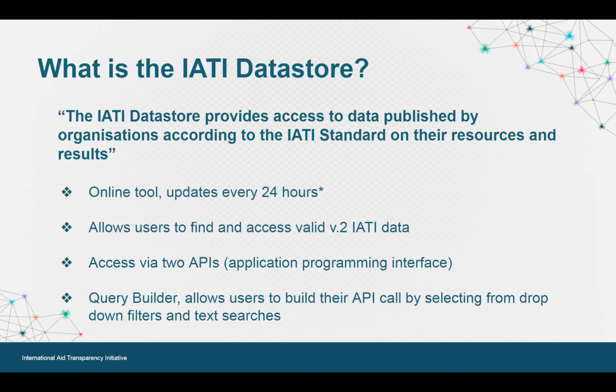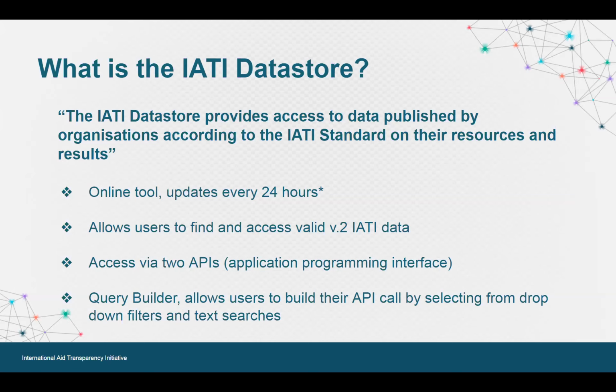What the Datastore does allow is querying the data by all the elements and attributes in the IATI Standard. The totality of IATI data is too big for most users to download on their computers and would take rather a long time. So what we need to do is query the data, allowing us to return the data we're interested in. So we add a certain number of parameters which we want the data to meet.